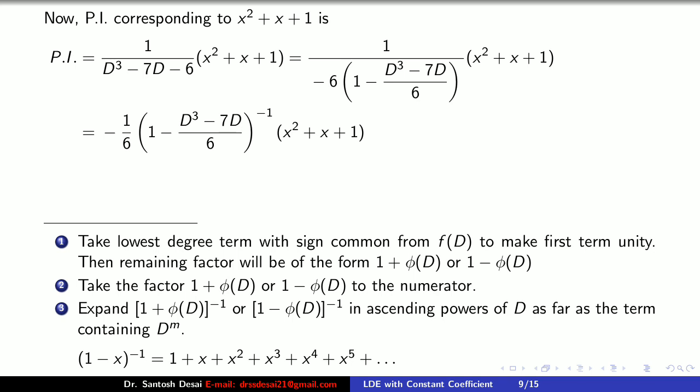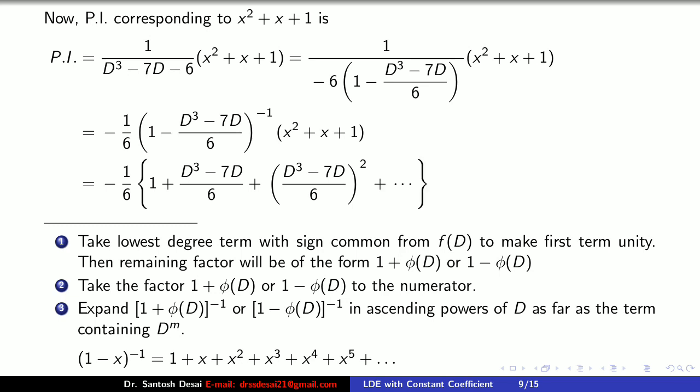So using (1 minus x) raised to minus 1, we write the first three terms of the expansion. So it is minus 1 by 6 into bracket 1 plus (d cube minus 7d) by 6 plus ((d cube minus 7d) by 6) whole square plus and so on into x square plus x plus 1. Since the highest power of x is 2, therefore we write 2 plus 1 terms of the expansion, that means the first three terms.